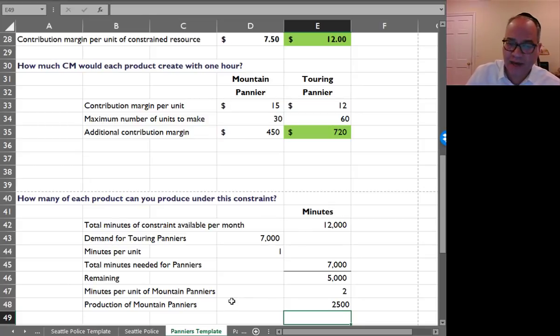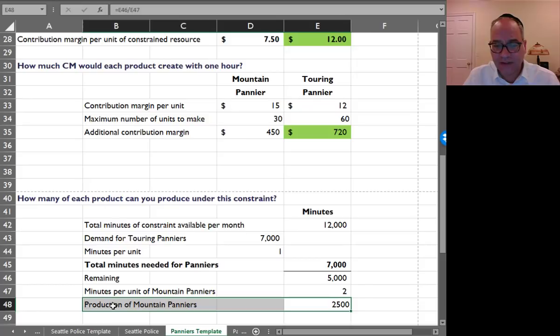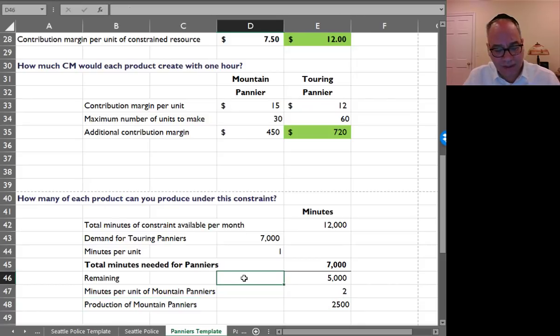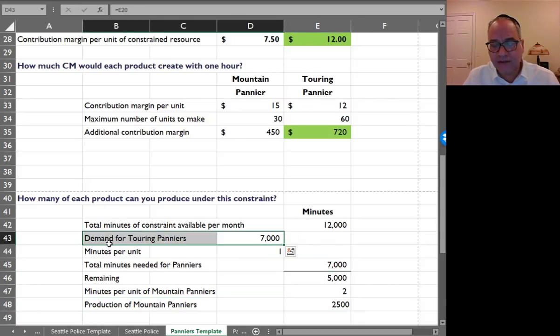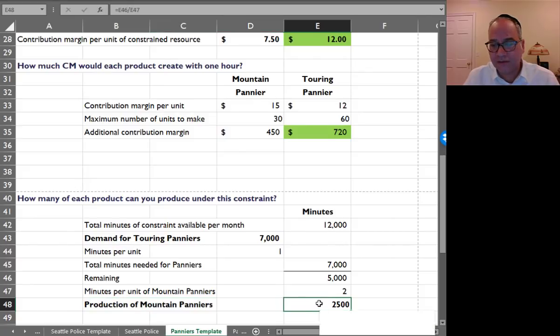And that's how I would maximize my production: 7,000 units of touring panniers and 2,500 units of mountain panniers.